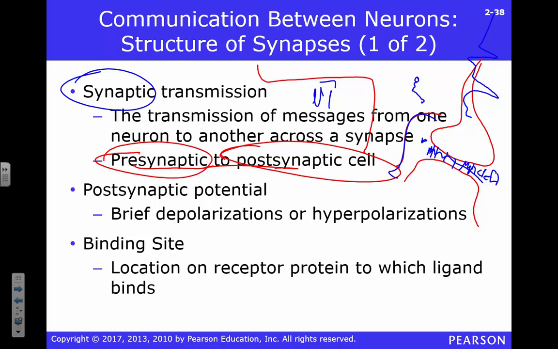They'll make their way down, they'll dock here at that presynaptic membrane, and they'll dump their contents out into the synaptic cleft, which will then be grabbed by the ion channels on the other side, right? And then ions that are here can just come in and do their thing.